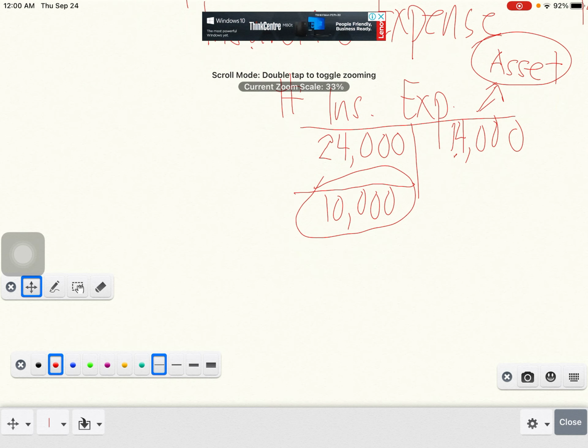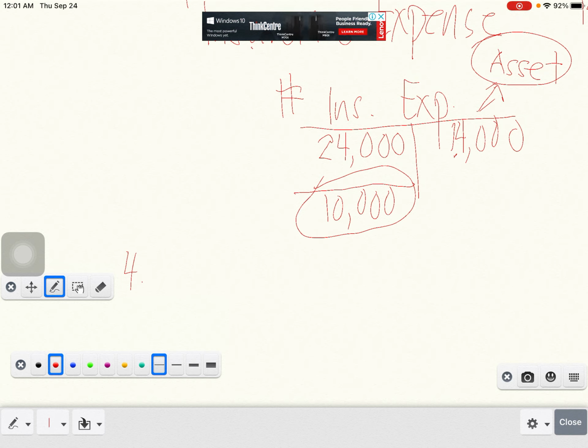Number 4. In your adjusting entry, are you increasing or decreasing the amount of your insurance expense? If it is the expense method, then you have to split it with asset. Of course, our goal here is, what happened? From 24, it should become 10.